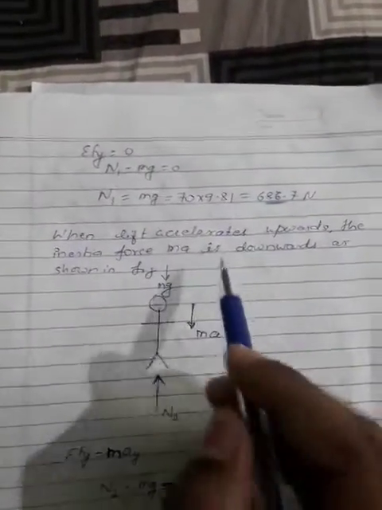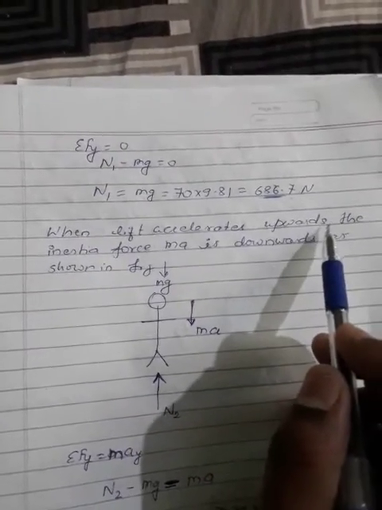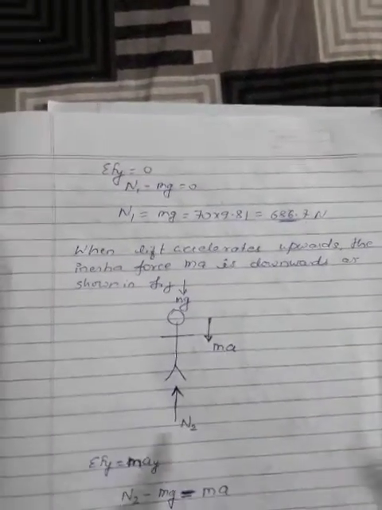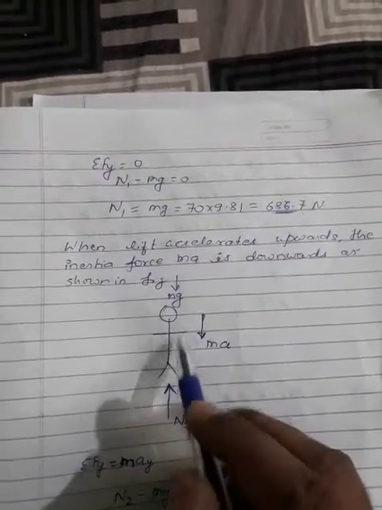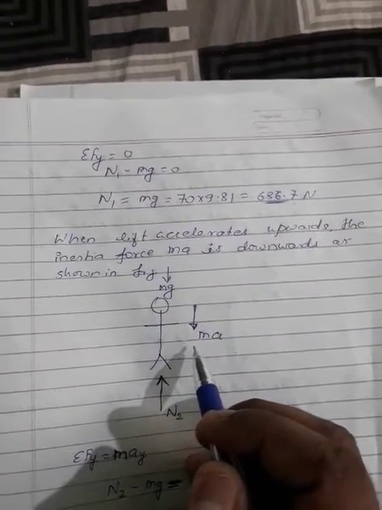So in the second condition, when the lift accelerates upward, the inertia force, as we know, whenever a body is at rest and now it is accelerating in the upward direction, the inertia force will definitely act in the downward direction.